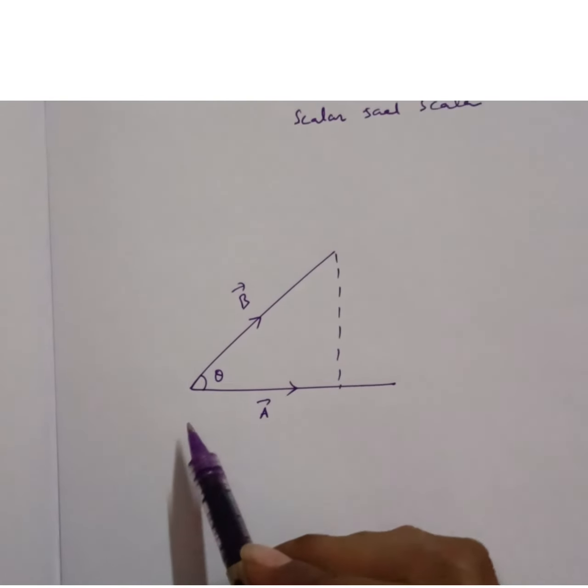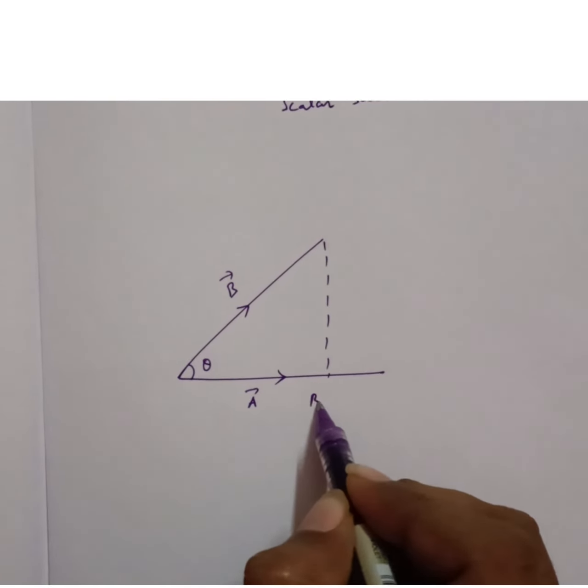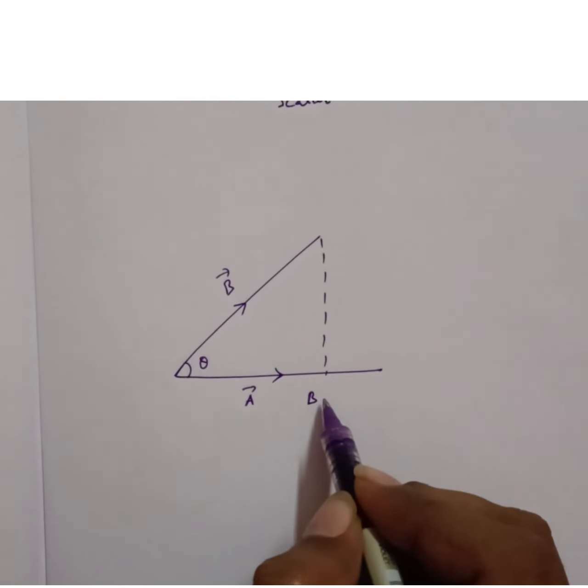B bar is a vector resolved into two perpendicular components, then it becomes b cos theta.